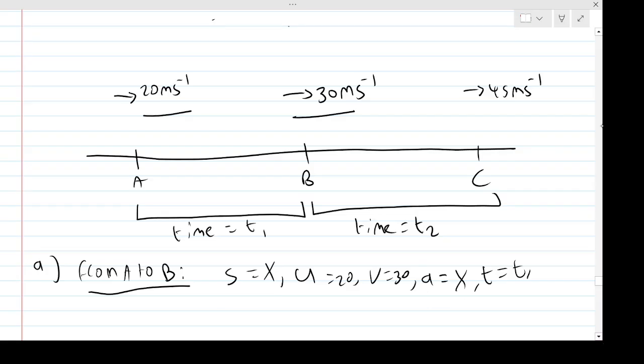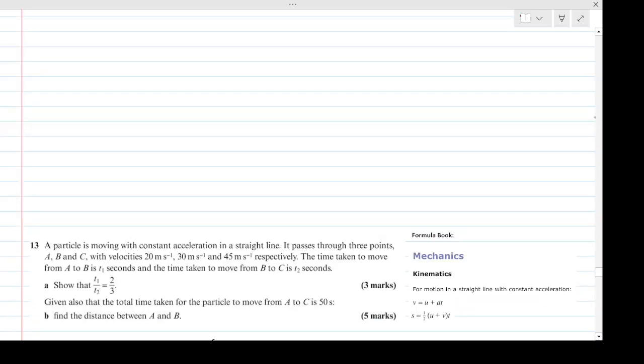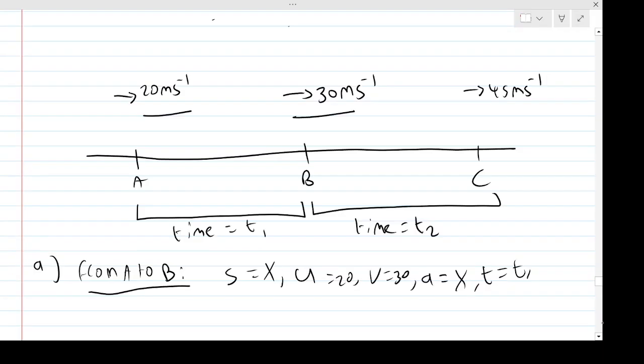Well, what I am told is it's constant acceleration. That's really all I'm told. But it's the same acceleration throughout, right? If it's moving with constant acceleration, it's basically saying it's the same acceleration all throughout.